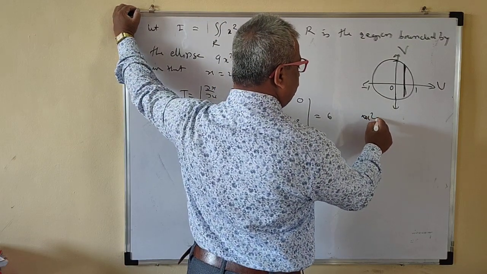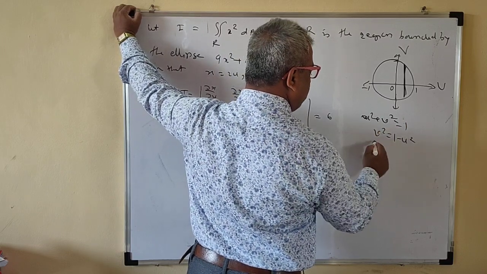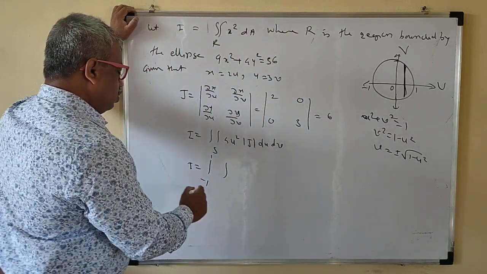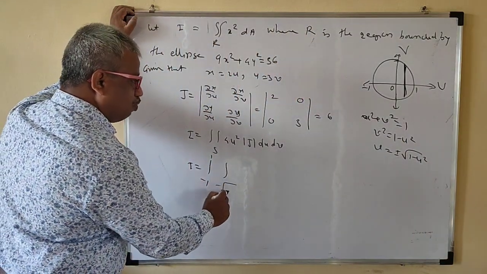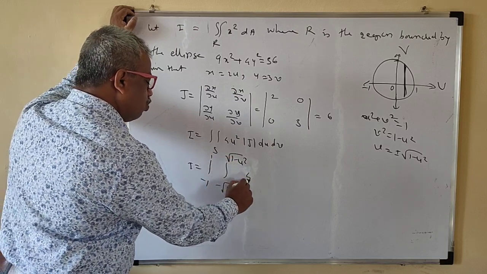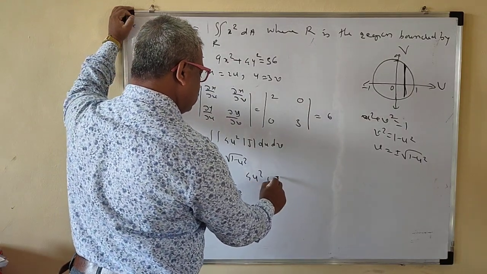u square plus v square is equal to 1. That means v square is equal to 1 minus u square. So v is equal to plus or minus root of 1 minus u square. Okay, so that means what? This is minus root of 1 minus u square. This is root of 1 minus u square. And what is the Jacobian? Is 6 into 6.